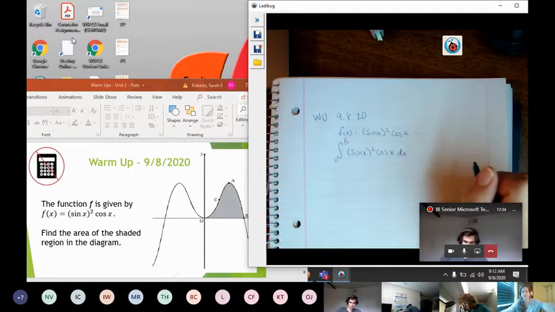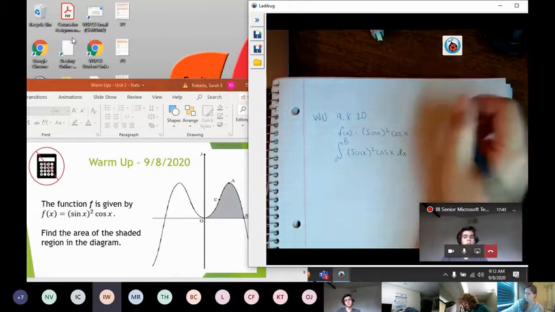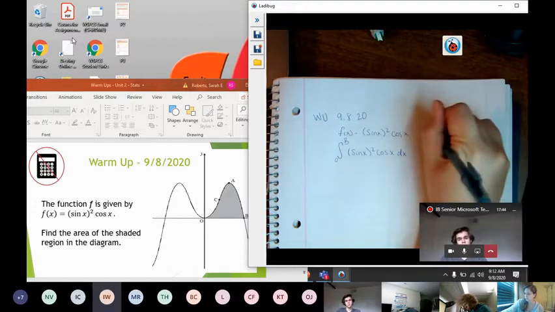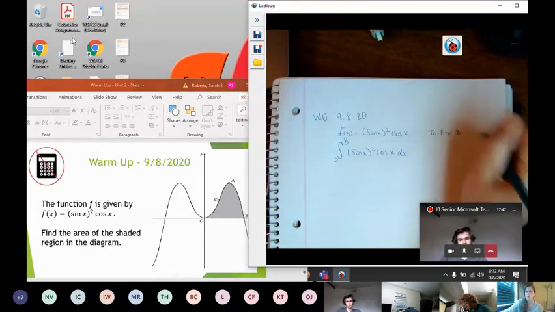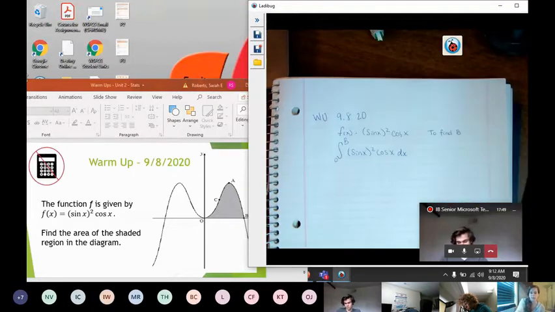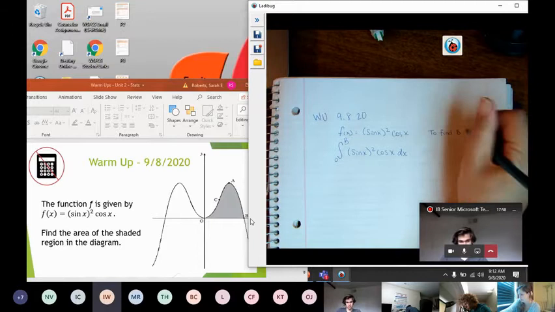All right, so thanks for setting that up. And Izzy, can you tell me how we're going to find b? I have no idea. Okay. So where is b located on this graph? What's special about that point? It's on the x-axis. Exactly. So what's its y value? 0. Yes.